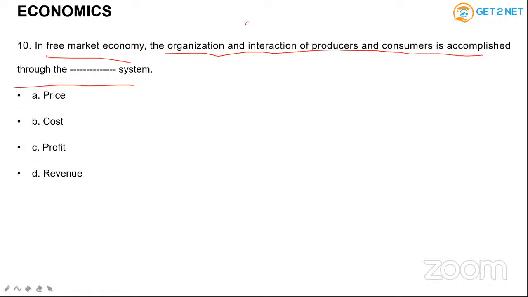Akanksha is yet to give the answer. All of you have given a common answer. Yes, through the price system.